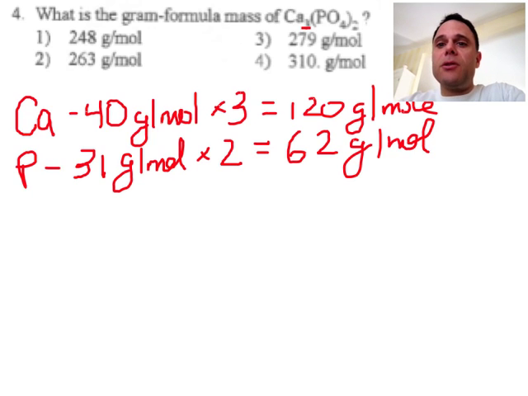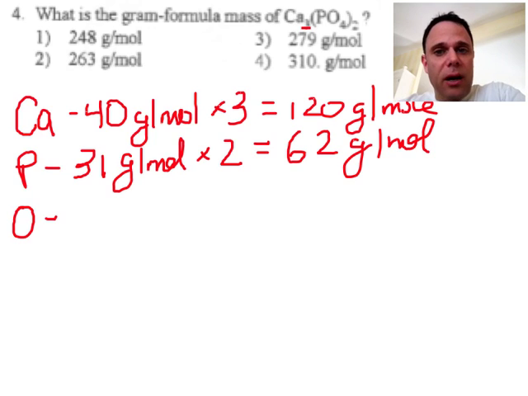Now lastly, oxygen. This is where many people make a mistake. How many oxygens are there? So how many moles of oxygen? It shows inside the parentheses we have 4 moles of oxygen, but that is being affected by the 2 outside the parentheses, giving us a grand total of 8.